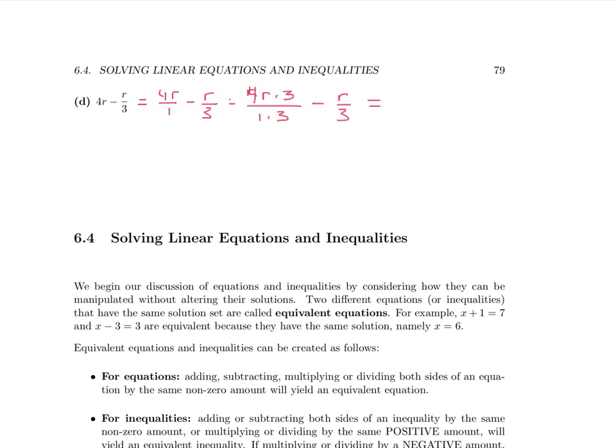The first fraction simplifies to 12r over 3, and the second fraction is r over 3. So now I have two fractions that have a denominator of 3. To subtract, I subtract only the numerators and I leave the denominator alone. This will give me 11r over 3.